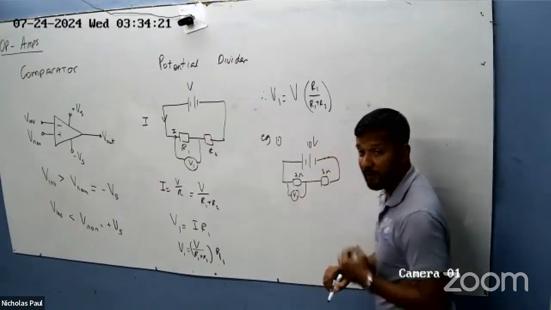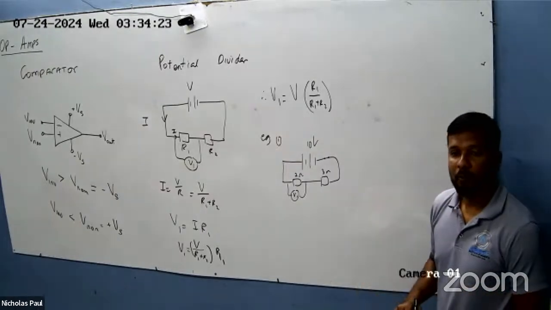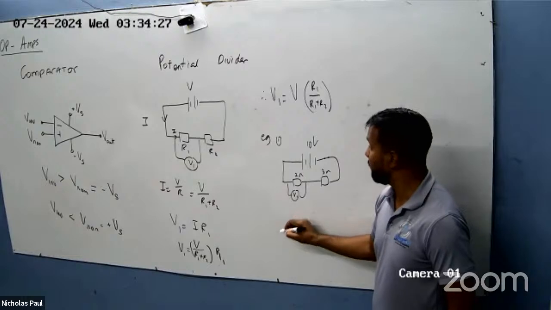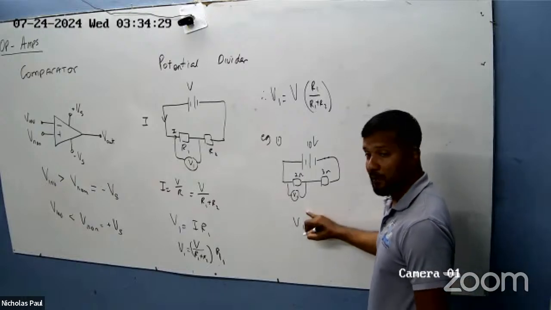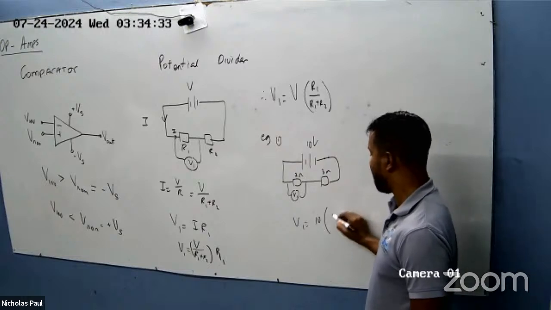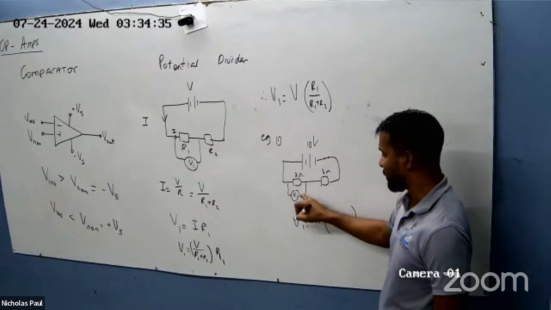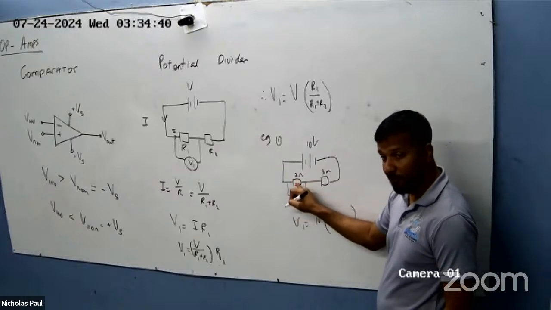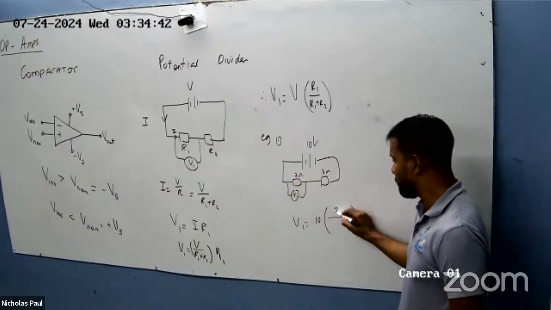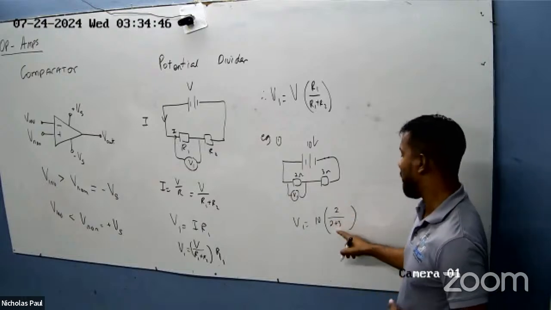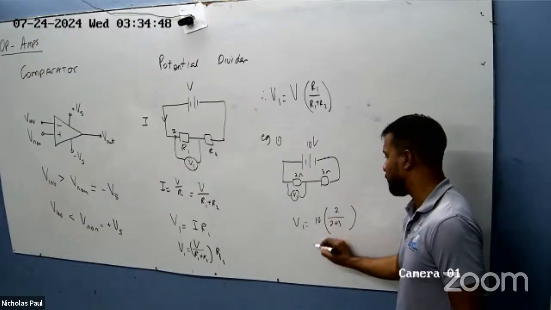What is here? How do we get V1? V1 is the total voltage, which is 10, times the fraction. So the fraction is R1. This is always R1. Wherever you want to find V1, that's the R1. 2 over 2 plus 3. That's it. 2 over 5. 10 times 2 over 5 is 4.